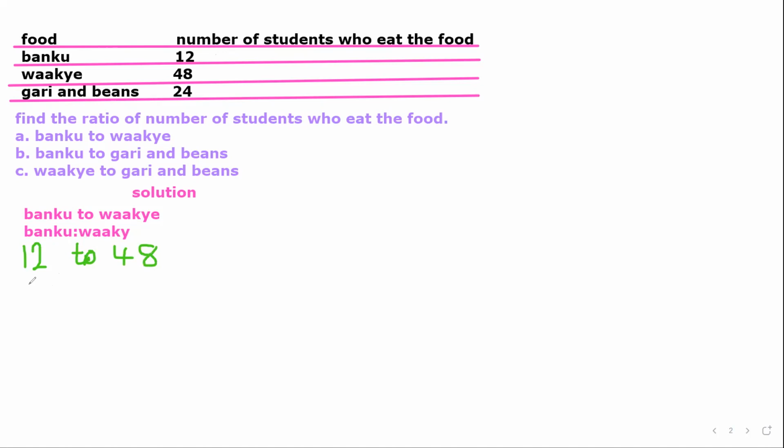So mathematically, we can also write 12 to 48, okay?